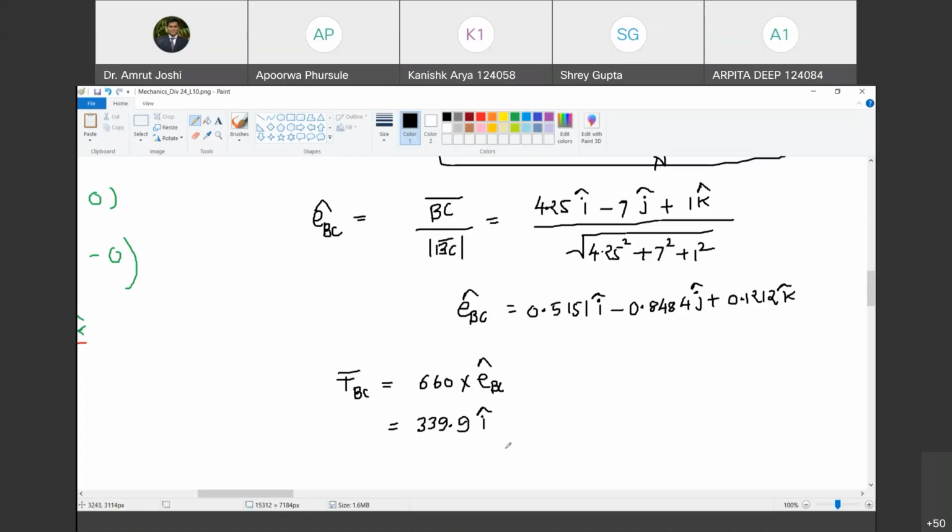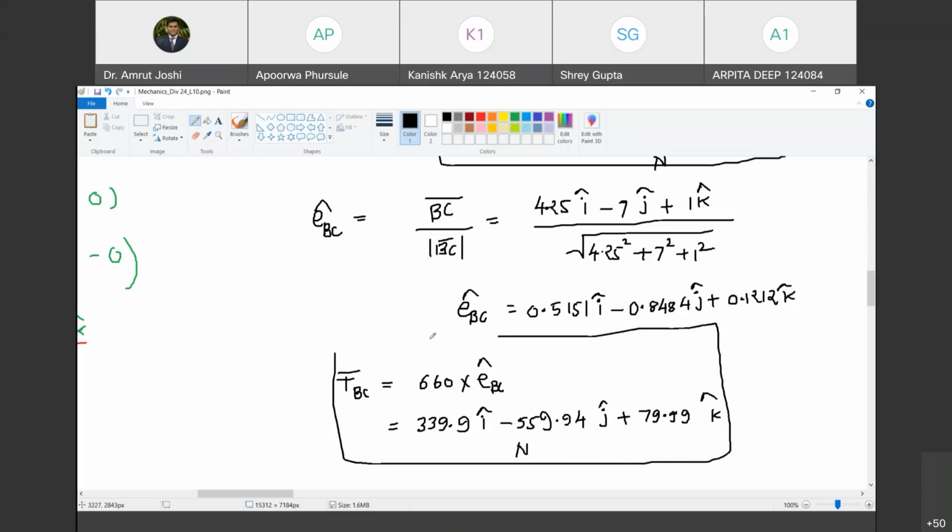Oh no, it has to be multiplied by 660. I'm sorry. Sir, I got it as 559.94. That's right. She was right. 559.94 J cap. And can you tell me the third value? 79.992 K cap. That's right. 79.99 K cap. This is in Newton and this is TBC.